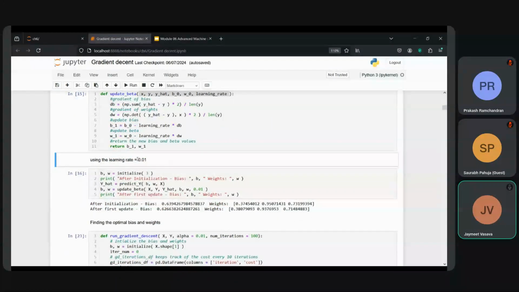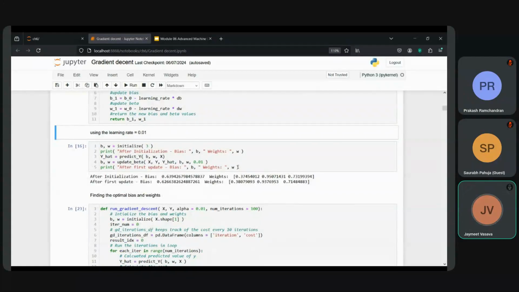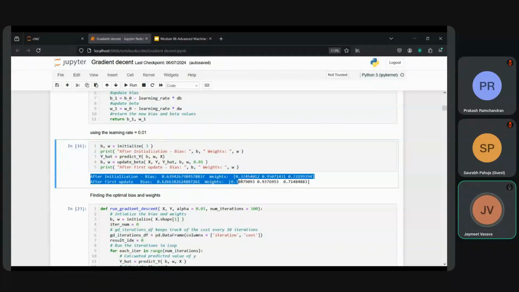Using the learning rate of 0.01 on this update beta, these are the values that we get. These were the initial values, and these were the values after updating the bias and weights, with the learning parameter of 0.01.